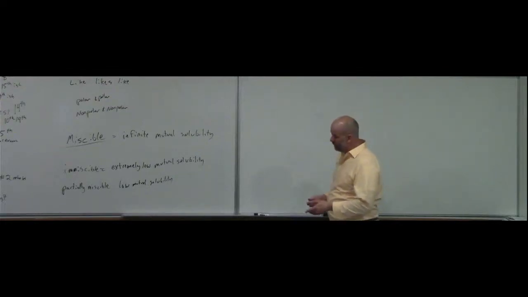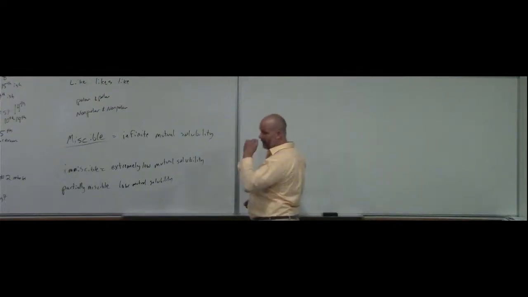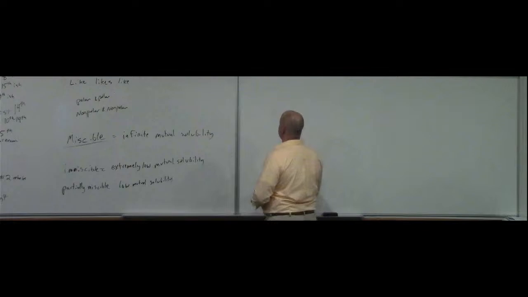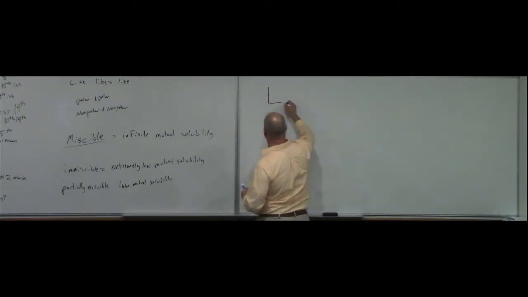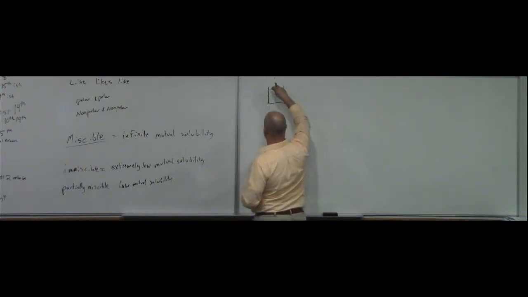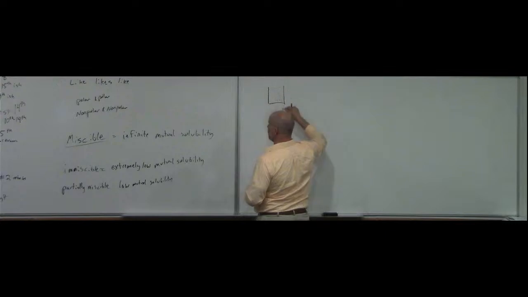So if I have two liquids and they are fully miscible, let's say they're different colors, I've got a red and a blue. Then when I add the two together, the resulting mixture is going to have no demarcation whatsoever. I'm just going to have one purple liquid, right?